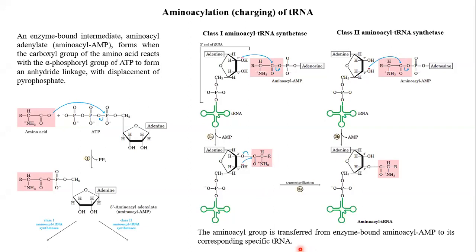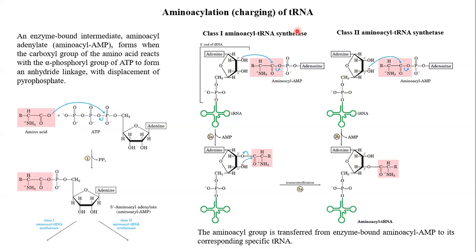And these enzymes are transfer RNA synthetases. Remember there are two types of enzymes, synthase and synthetase. Wherever you see synthetase, this T usually refers to ATP. The synthetase enzymes require energy and generally synthase enzymes don't require any ATP. Okay.